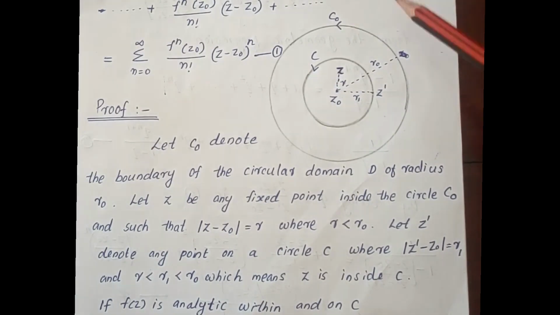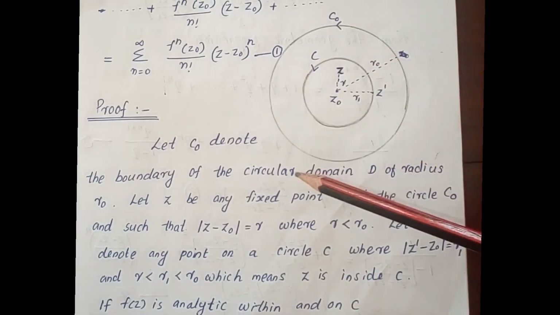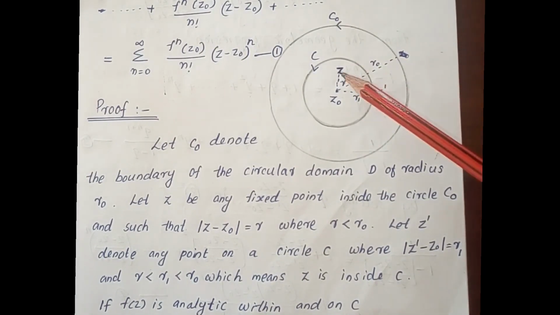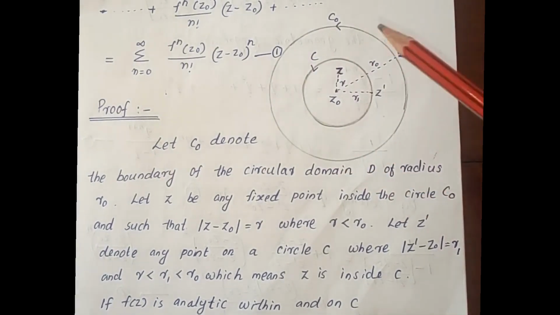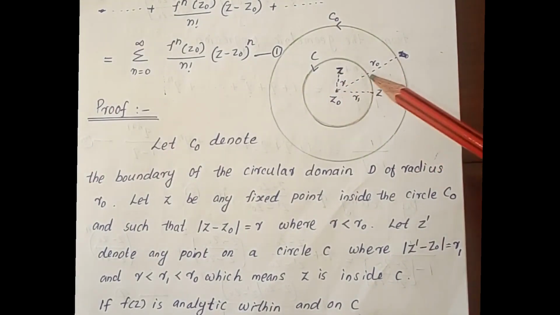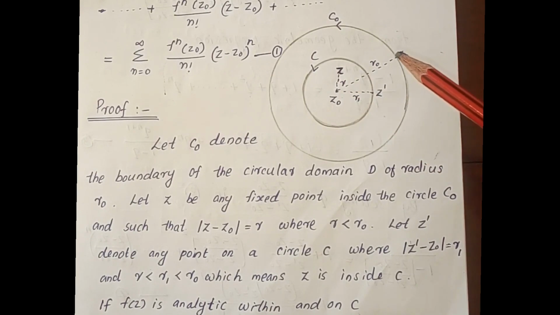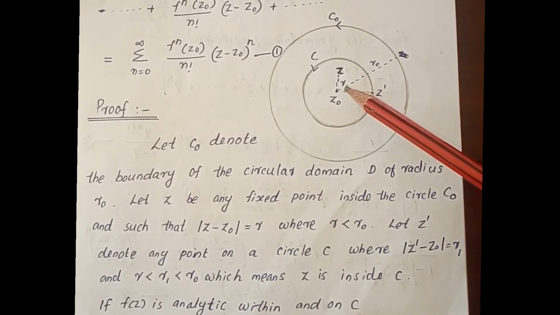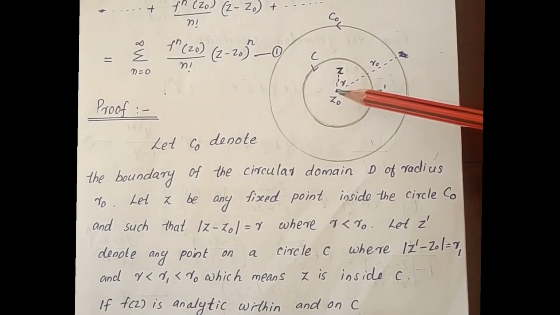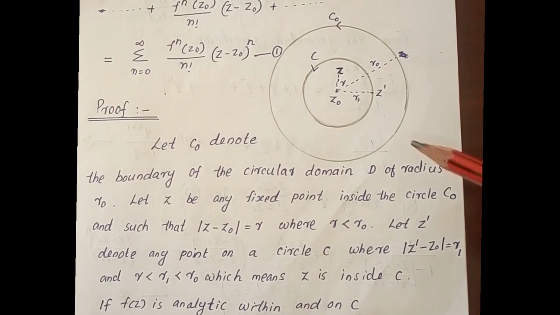For this we are considering a circular domain with the boundary C0 and the radius r0, and let z be any fixed point inside this circular domain C0 at a distance r from the center, such that we can write modulus of z - z0 = r, where r is less than r0.